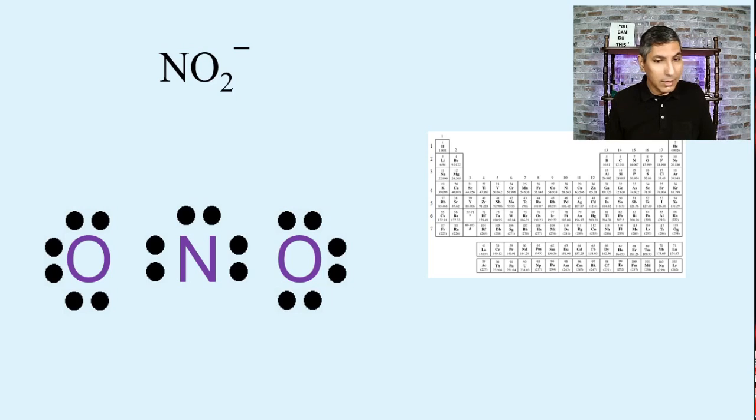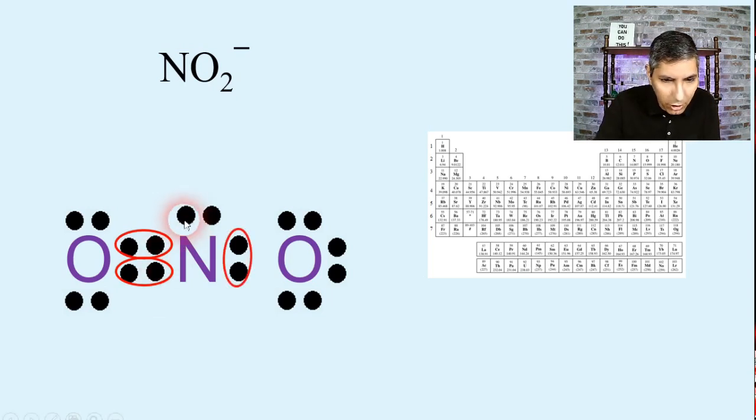And now, once again, the question is, does everything have 8? And it's kind of like we had before. The oxygens both have 8, but the nitrogen does not. So I can drag a pair of electrons into the middle there, and now I have everything with 8. So looks like, once again, I have a double bond here and a single bond. This time I have an unshared pair, or a lone pair, hanging out on that nitrogen atom there in the middle.